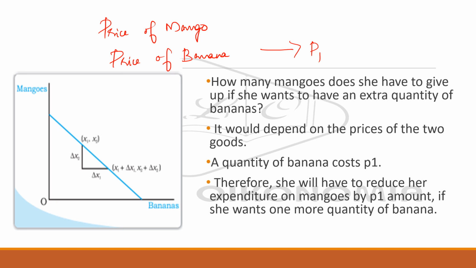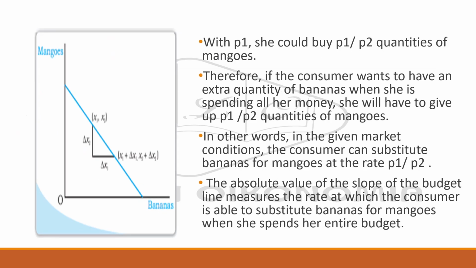If that is the case, the consumer has to reduce her expenditure on mangoes by P1 amount if she wants to get an extra banana, so as to increase the expenditure on banana. So the consumer will be able to buy P1 by P2 quantity of mangoes.